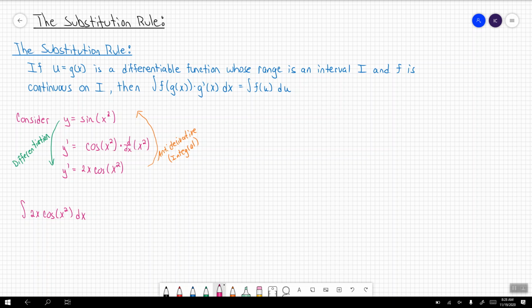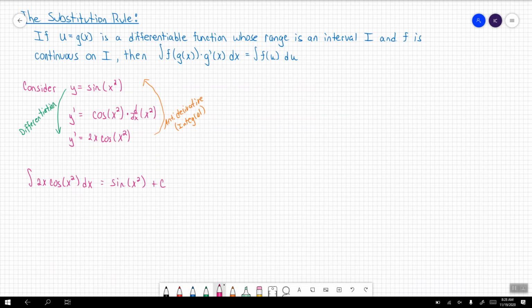Well, naturally we see on the screen that we had taken sine of x squared. But the process here is, how do we then go about it? We definitely know the answer is sine of x squared. Be careful here because this is an indefinite integral, therefore we need a constant.